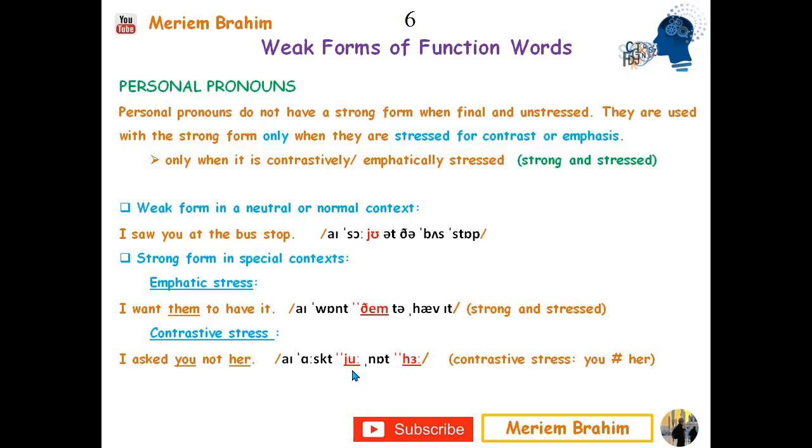As an example, I asked you, not her. So I insist here, or contrast you and her. So again, personal pronouns are strong and stressed only in emphatic and contrastive stress.